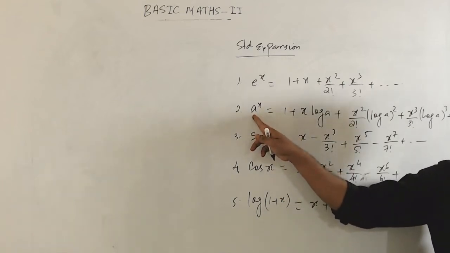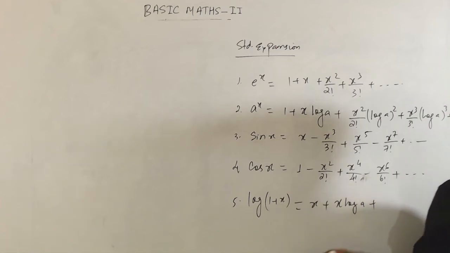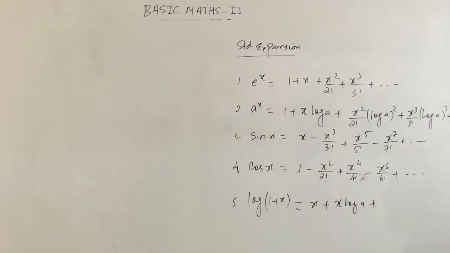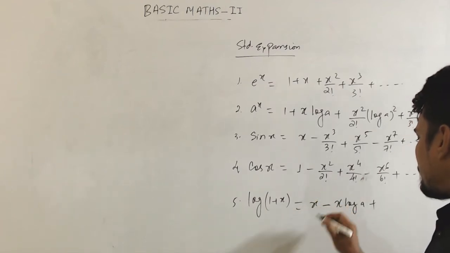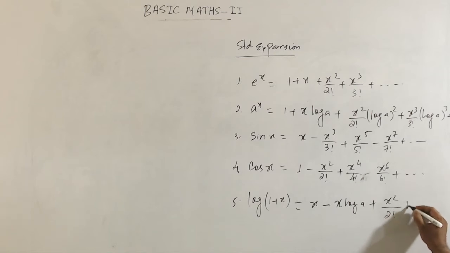Look at this. a to the power of x is going to be 1 plus x log a. Here we do not have the 1 over here. I'm just telling you how you can remember that. And one more thing, the sign changes would be there. So it is plus now, it's going to be minus, then plus x square upon 2 factorial log a whole square. All good?